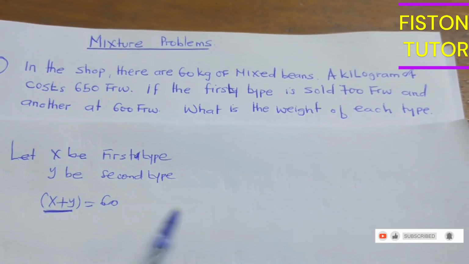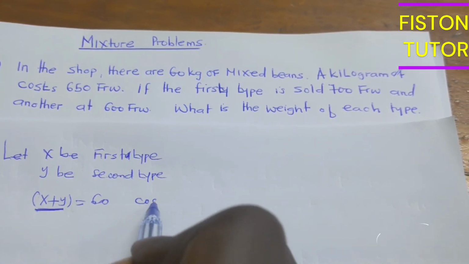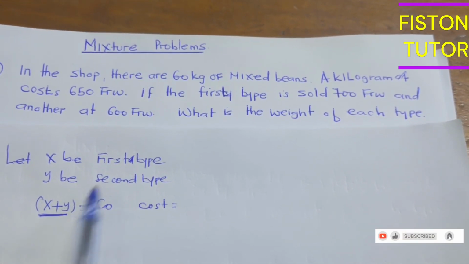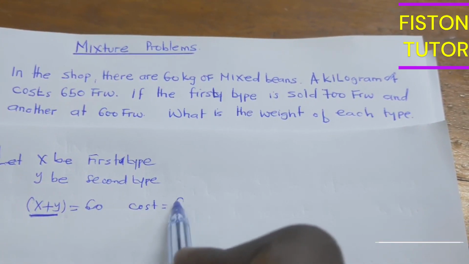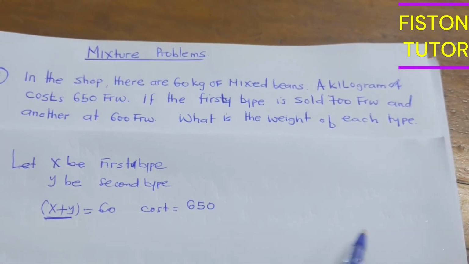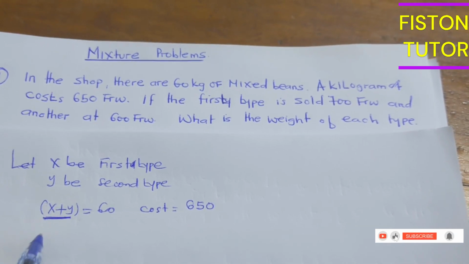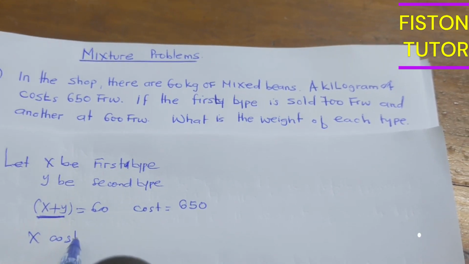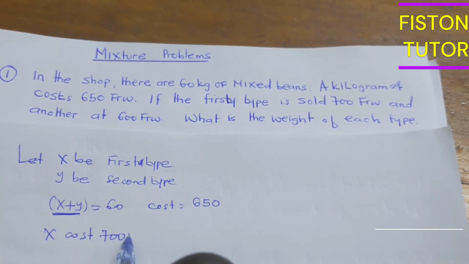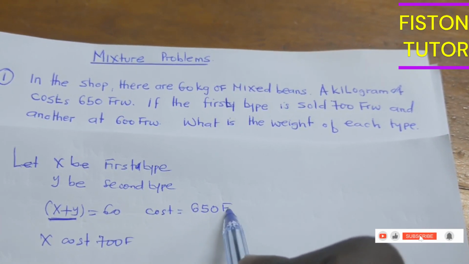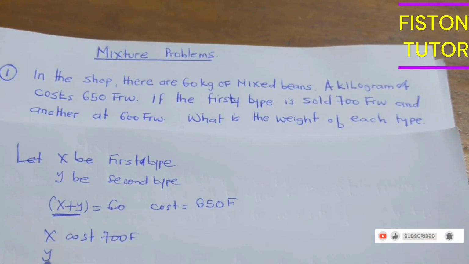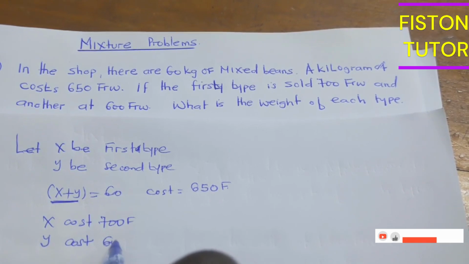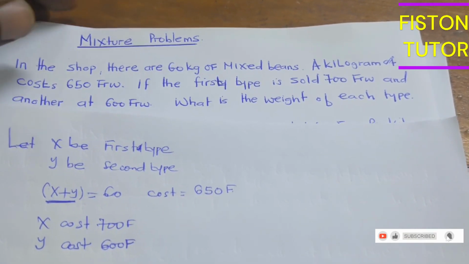It means that 1 kilogram of this mixture costs 650 francs. And the first type X costs 700 francs, and Y, the second type, costs 600 francs.